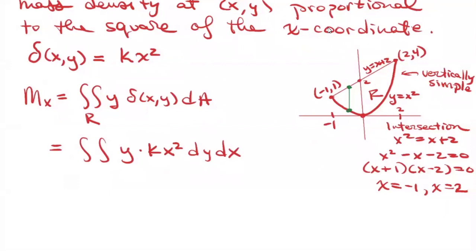So you're going to go curve to curve on the inner variable, with x squared as a lower limit and x plus 2 as an upper limit. So y goes curve to curve, and x will go from point to point, which is -1 to 2. Okay, I just want to pause for a sec and see if anybody wants to ask questions about that. Once you have one of these set up, the limits are the same on all three integrals because you're integrating over the same region.